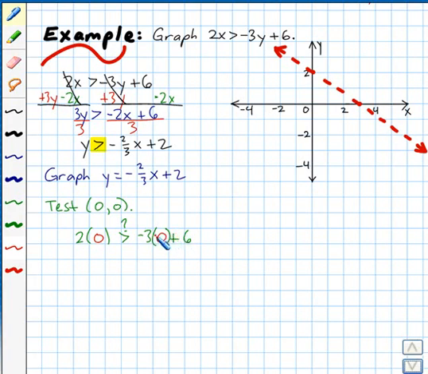Take some time right now on your own to determine whether this inequality, when simplified, is true or false. Simplify both sides and answer whether it's true or false. Choose A for true or B for false. And then I'll come back and help you finish the problem.